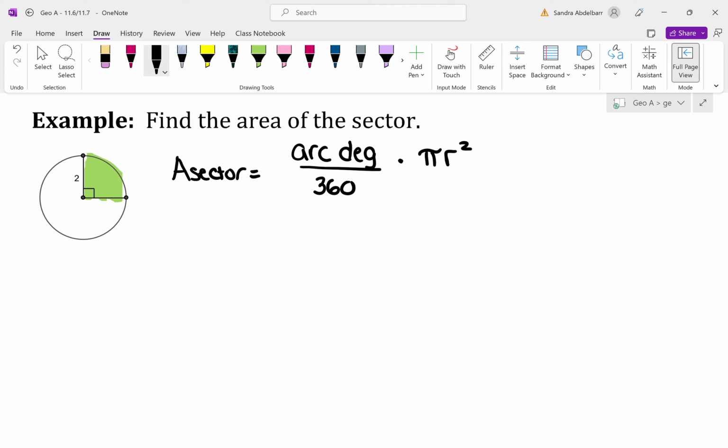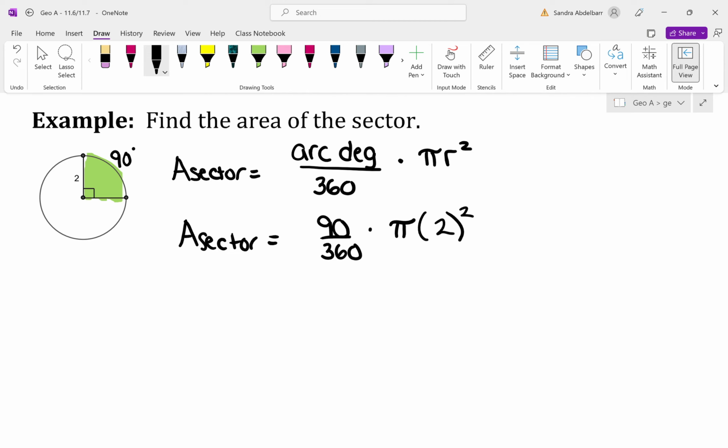Now, aren't the central angle and the arc the same degree measure? So if my central angle is 90, my arc is also 90. So the area of the sector is going to be 90 over 360 times pi, what's my radius?